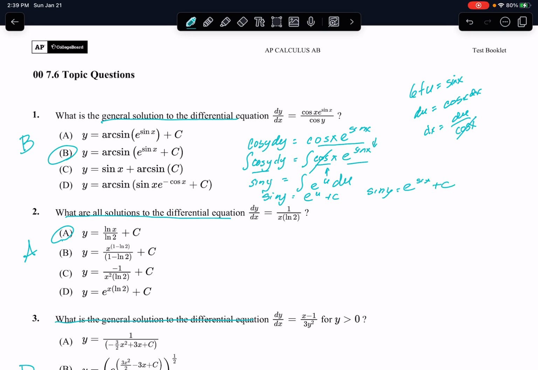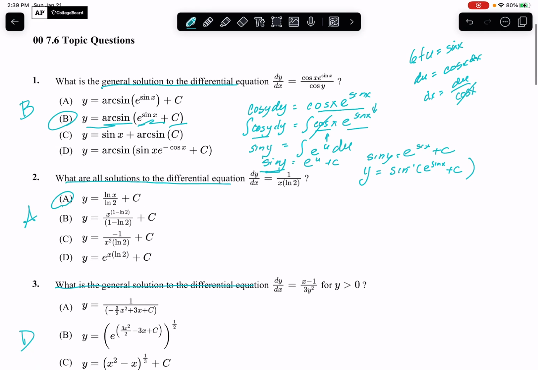Now we have sine y and we want y. So we have to take the inverse sine. So y is equal to the inverse sine of e to the sine x plus c. So which one is that? There you go. Arc sine e to the sine x plus c. So the answer was B.